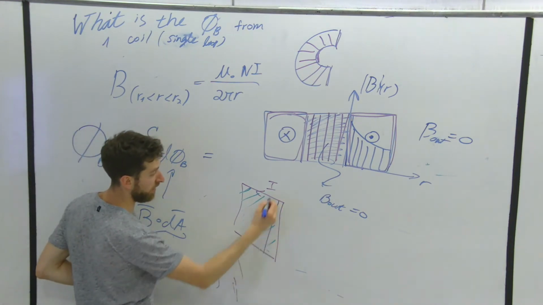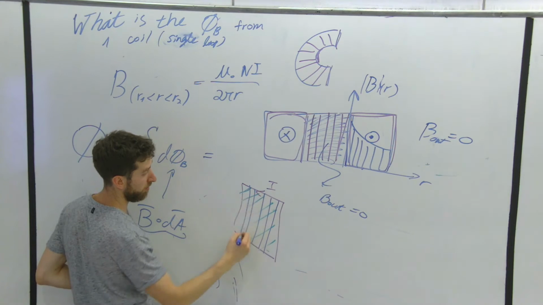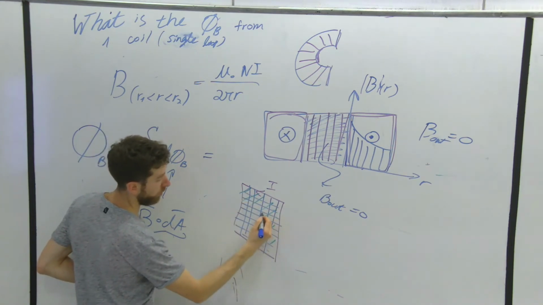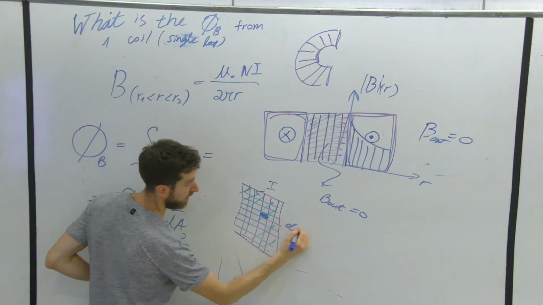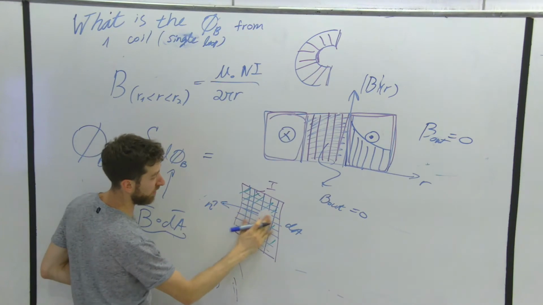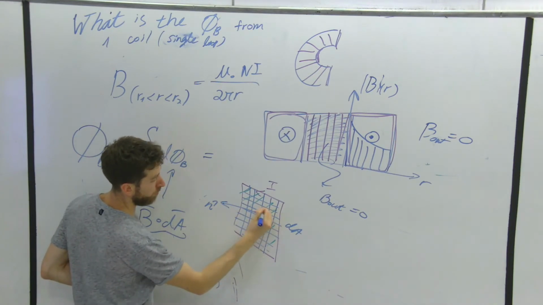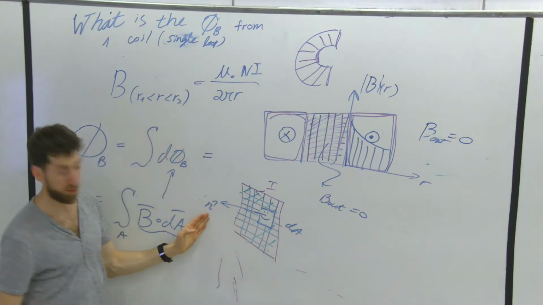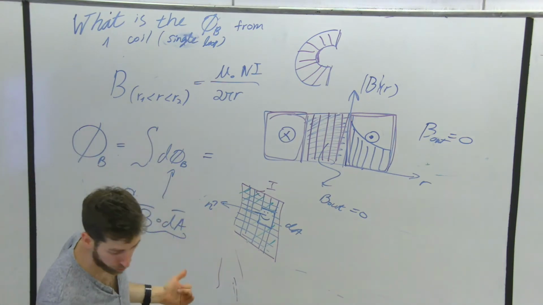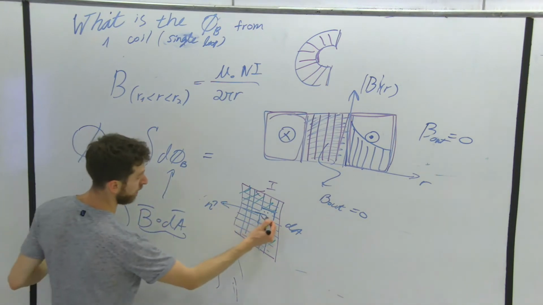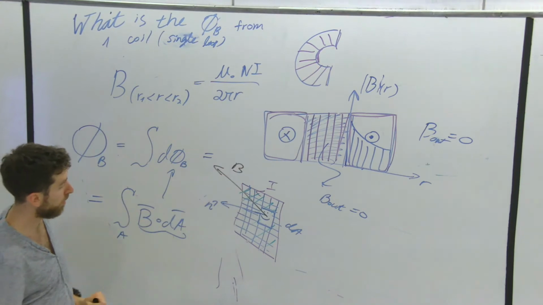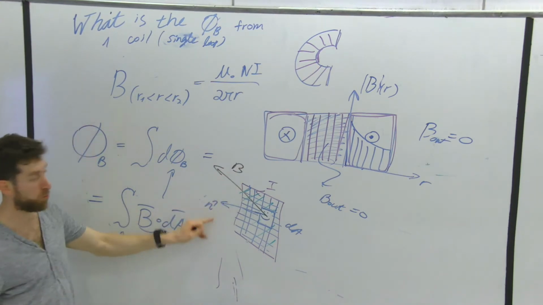So the idea is this loop has some area that's divided into dAs. Each one of them has an area dA, pointing in the normal direction. I have to think about it as a nose. There's a nose, this is, for example, dA. And the magnetic field is coming out of this area, for example, in this direction, B. Just joking, it's not in this direction. So what is the flux between them?